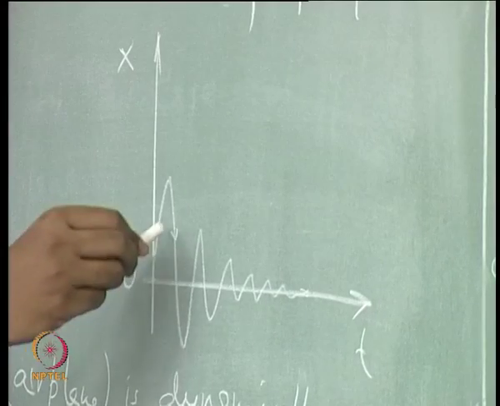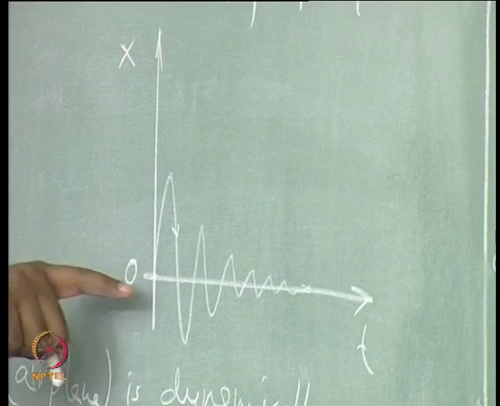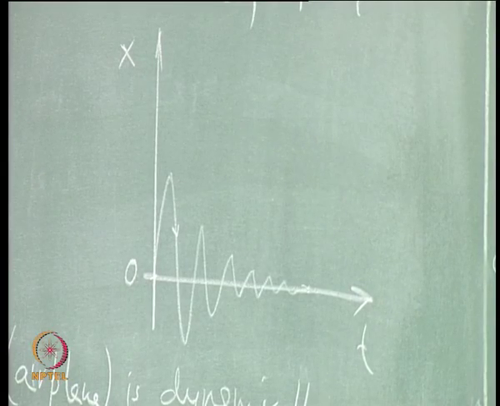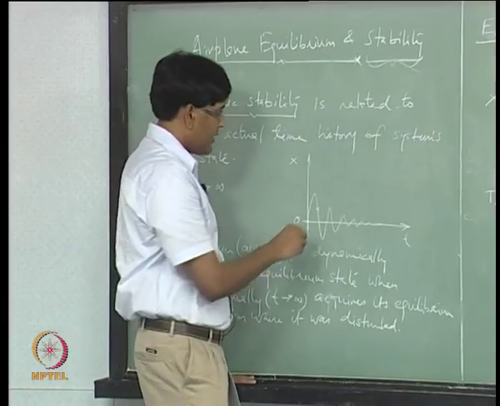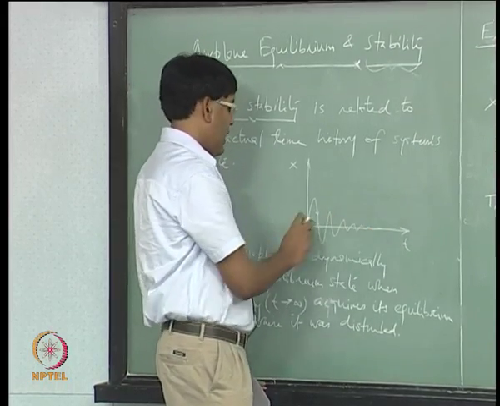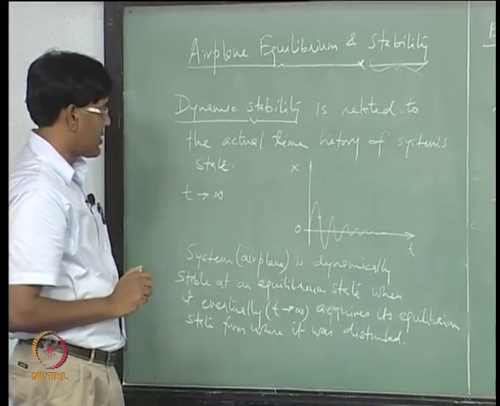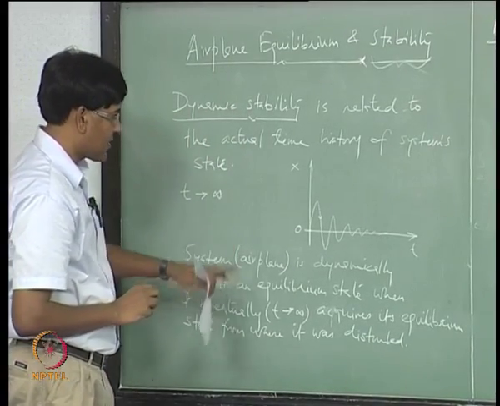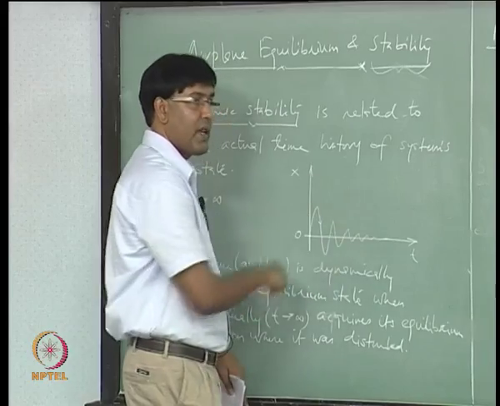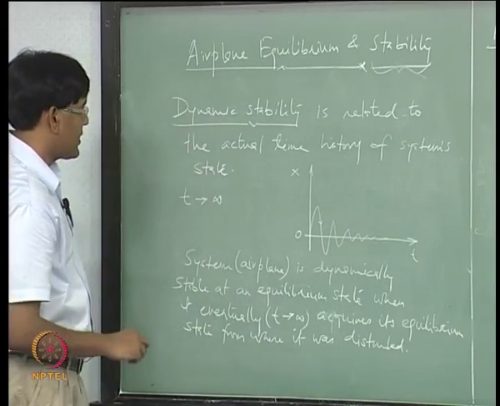So, what it is telling me is that the system is statically stable at this equilibrium condition, and since the transients have also died out in time, and the system is able to come back to this 0 equilibrium state, it is also dynamically stable, from this definition.